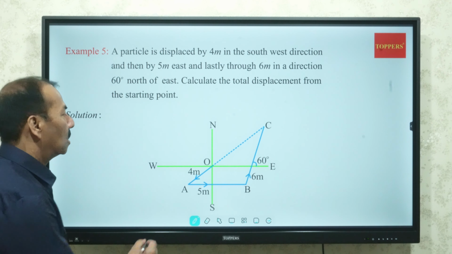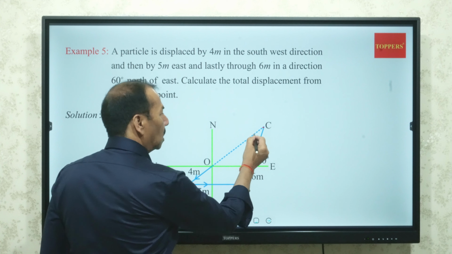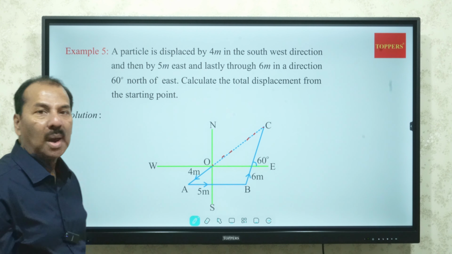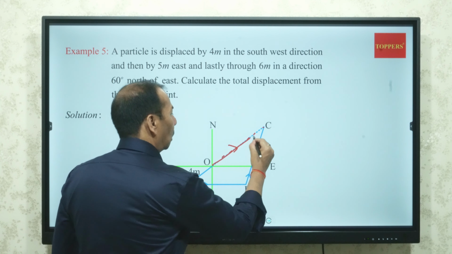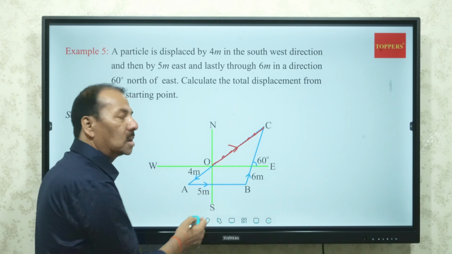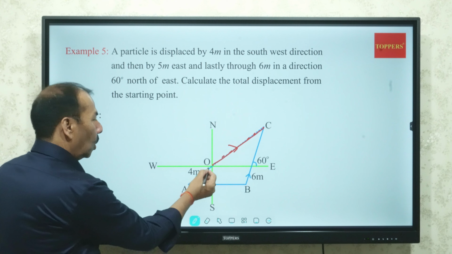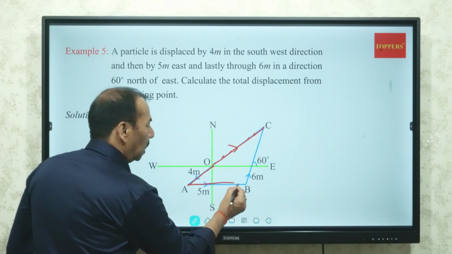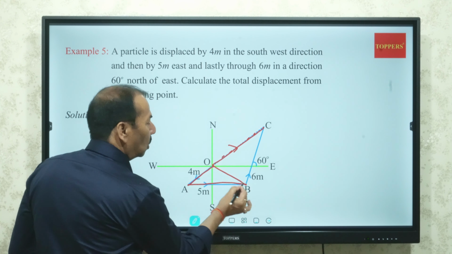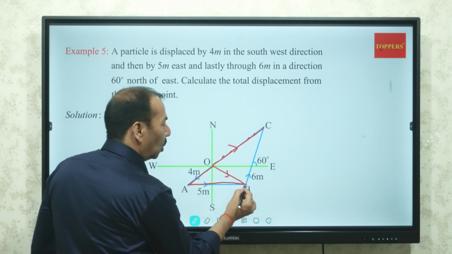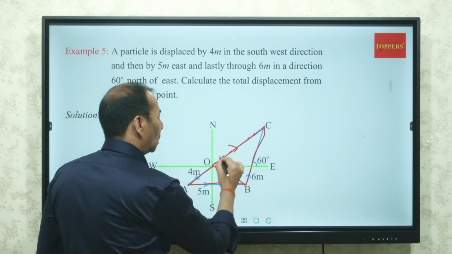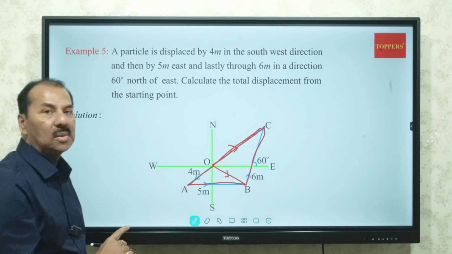To calculate this vector OC, since displacement is a vector quantity, we have to calculate OC from O towards C. So use the triangle addition law. OA plus AB, can you say it is equal to OB? And again OB plus BC is equal to OC. That is our requirement.